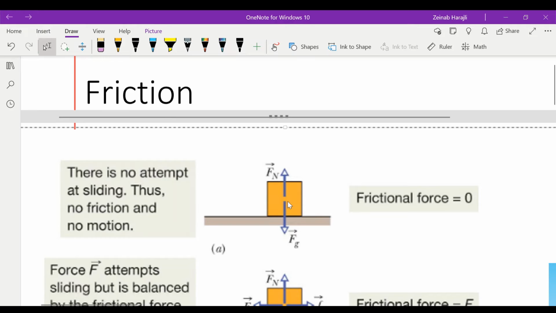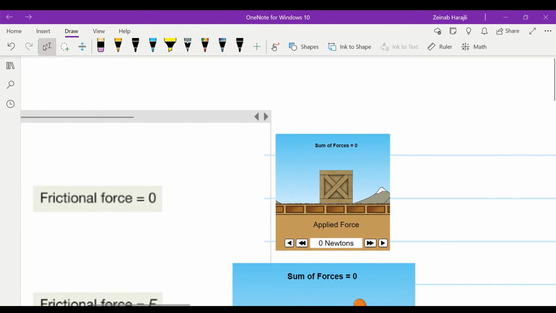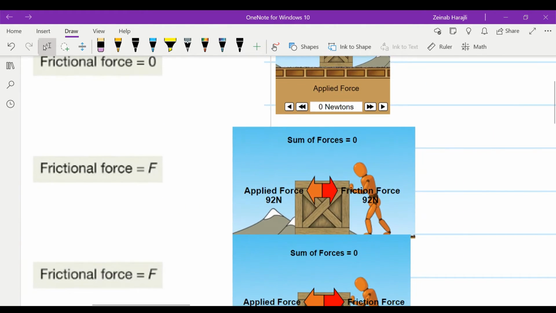So the only forces we will have are the weight, which is downwards, and the normal, which is upwards. And this object obviously will remain at rest. It's in equilibrium. Next, we started with applying an external force on our crate. So let's assume we're applying a force of magnitude 92 newtons to the left.